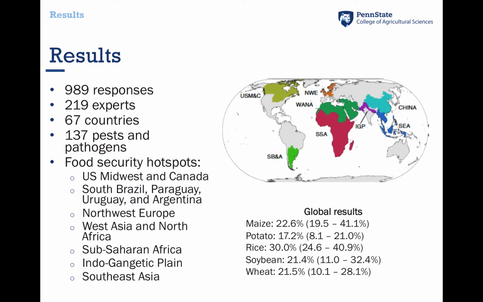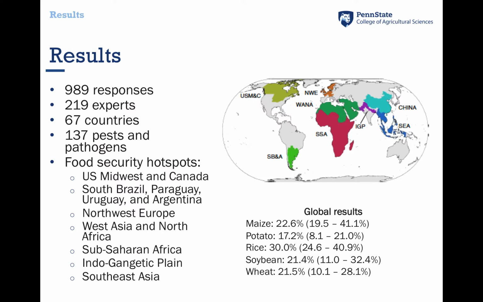After the fact, we sat down and said, okay, what are these hotspots? What do they mean in terms of production and management going forward? We defined specific regions and even sub-regions within countries. We have the US Midwest because of the crop profile there in relation to Canada, mostly driven by our corn soybean production system.